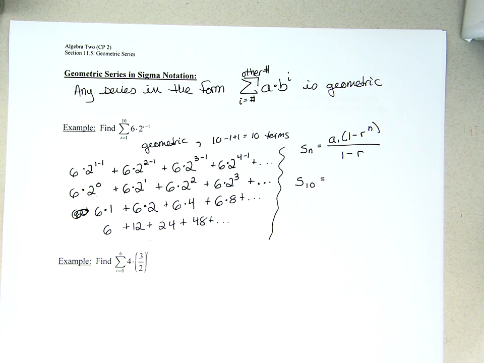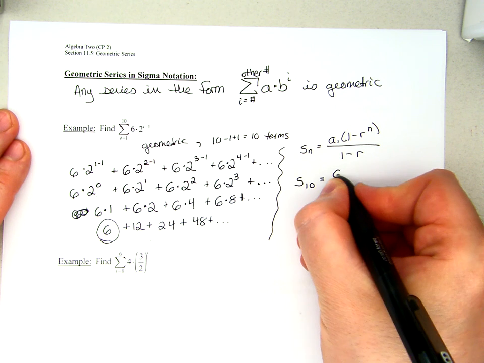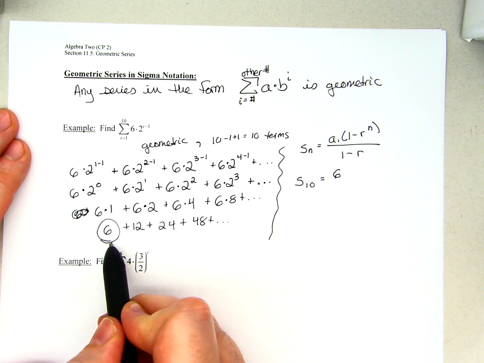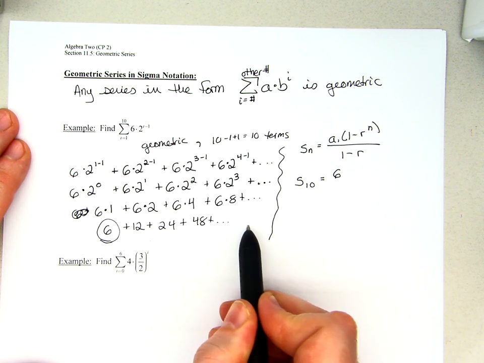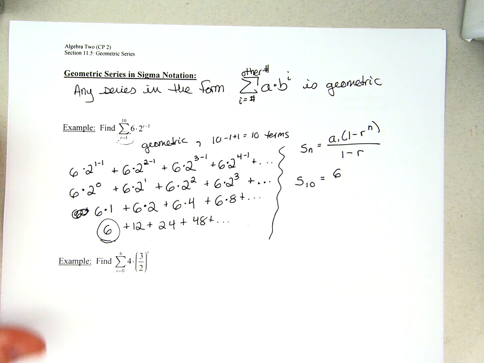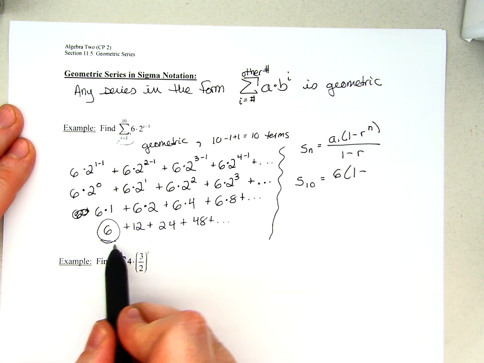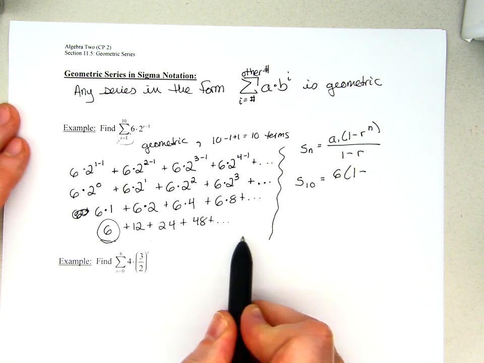S sub 10 equals, what is your a1? a1, that first term, is just 6. To find your a1, again, we're not usually going to write out all these things, but we will need to go through the work of plugging in your lower limit to find a1. Times 1 minus, look at the series. What is your common ratio?